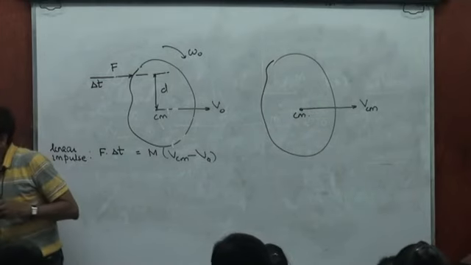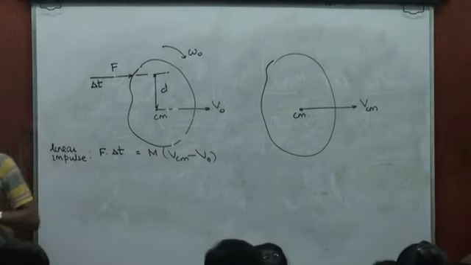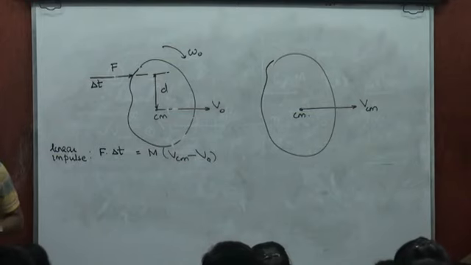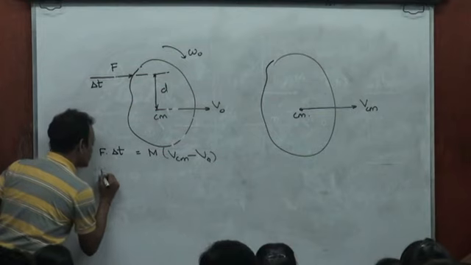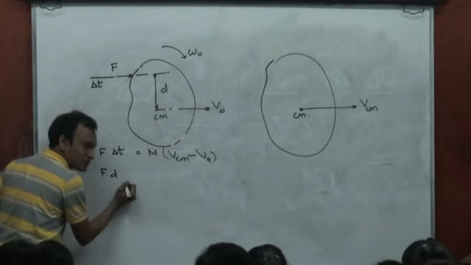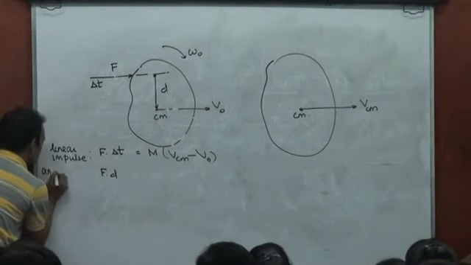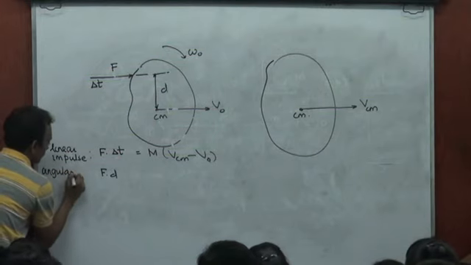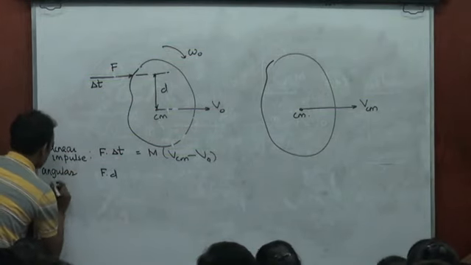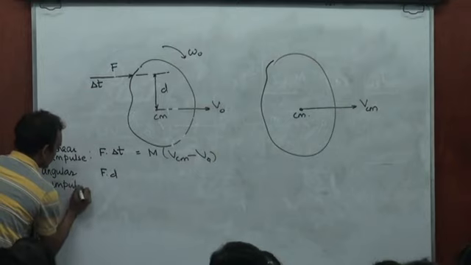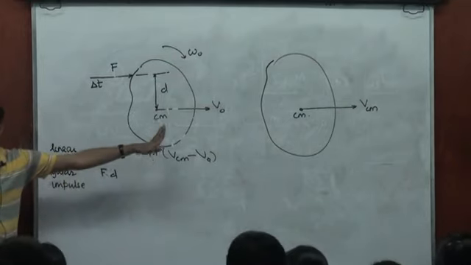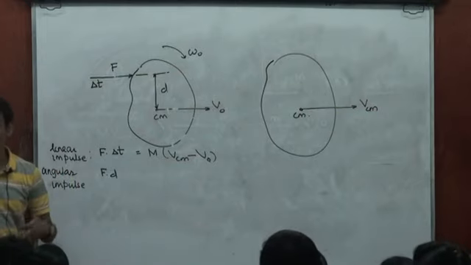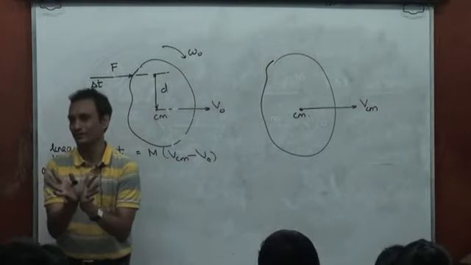And the torque acting for a short time will be angular impulse, right? So in this case, what's the torque acting? The torque acting is F into d about the center of mass. Whereas linear impulse produces change in linear momentum, angular impulse produces change in angular momentum.